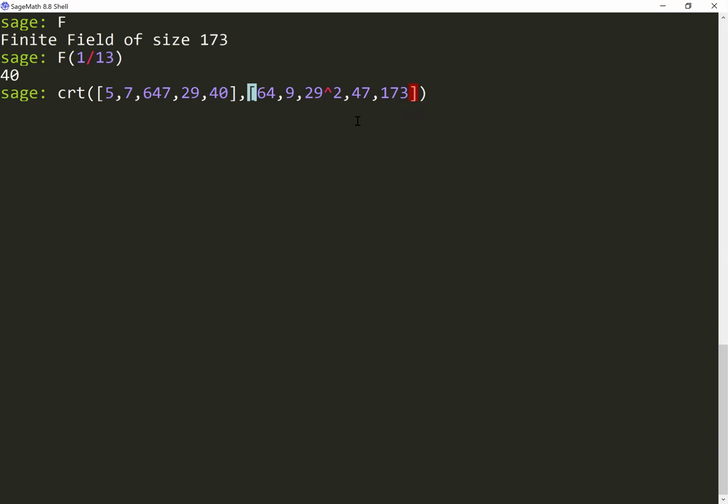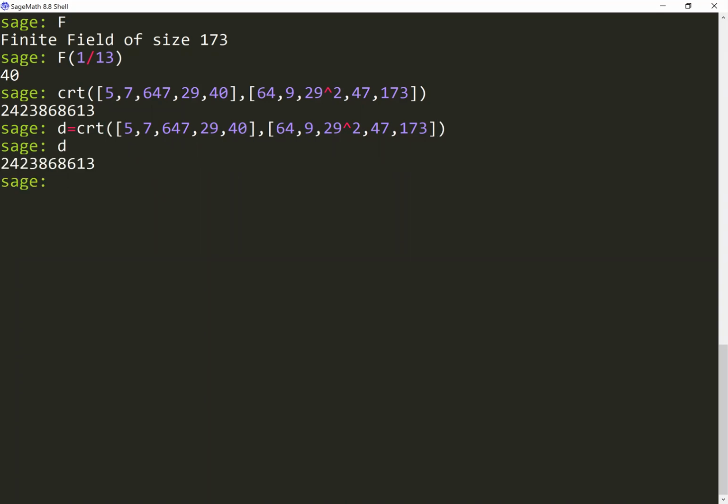Then you see we get this number. This number is the private key. This is Alice's private key. D is Alice's private key.